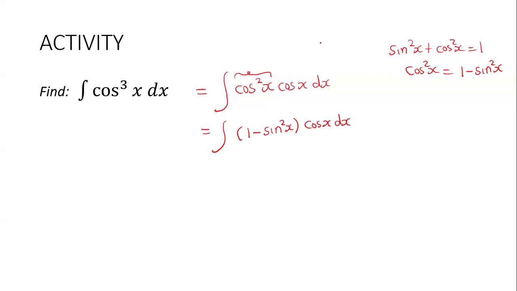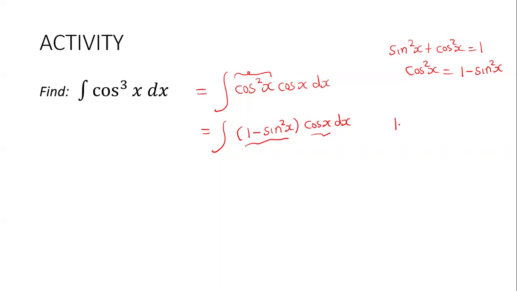Members, let me know whether we are still together. We are. Very good. Now, are you seeing this cos we have left? We are going to use change of variables.